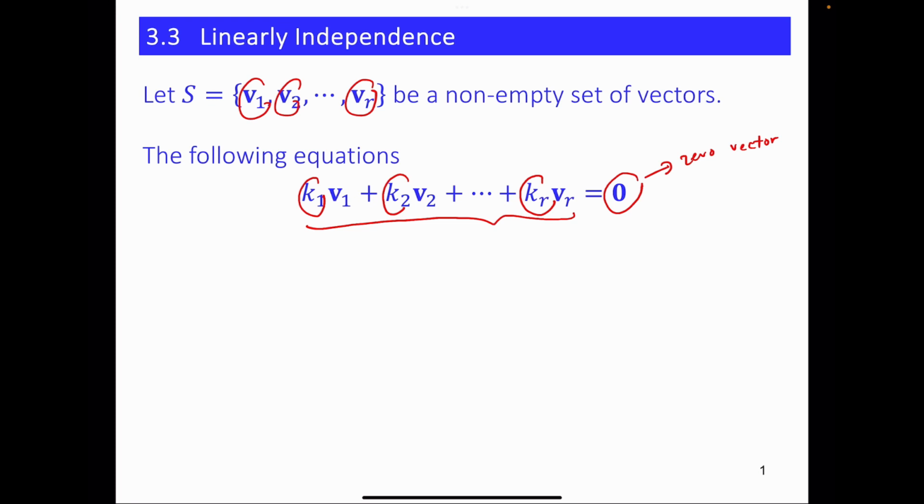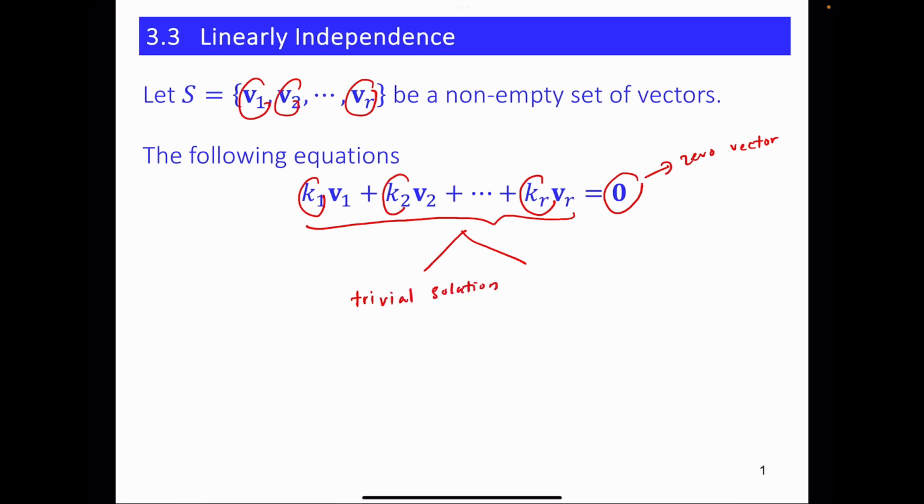You may recall that a homogeneous system of linear equations is one where the scalars on the right hand side are all zeros. For such a system, there is a guarantee that it has a solution, which is the trivial solution.